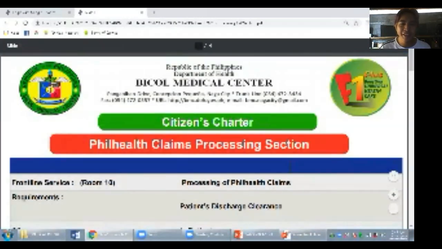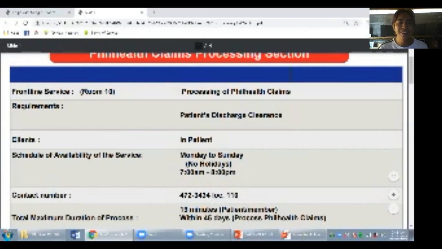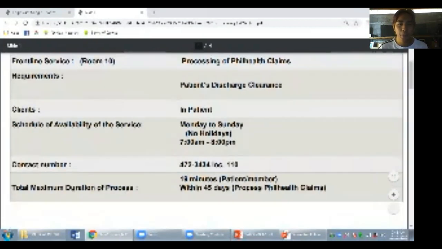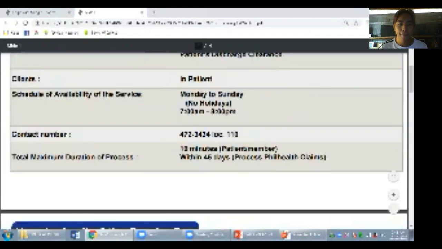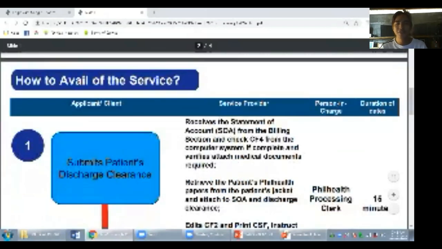So this is the PhilHealth claims processing section of the Bicol Medical Center from Naga City. Okay, your frontline services, room 10, processing of PhilHealth claims. And how to avail of the service.